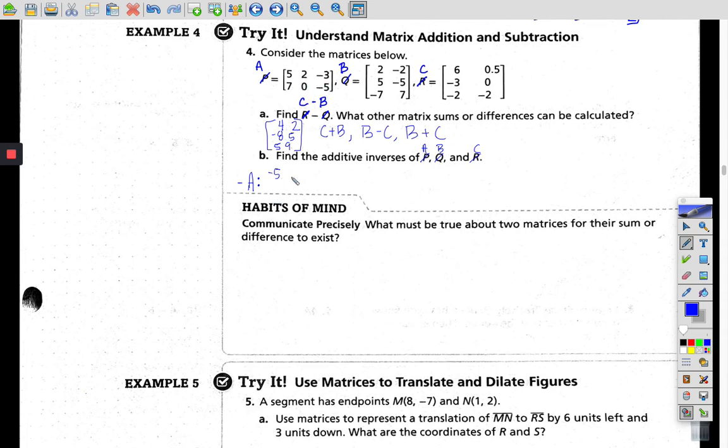So -5, -2, +3, -7, 0, and +5. So I just multiplied everything on the inside by -1. I'll do the same for the additive inverse of B. -2, +2, -5, +5, +7, -7.